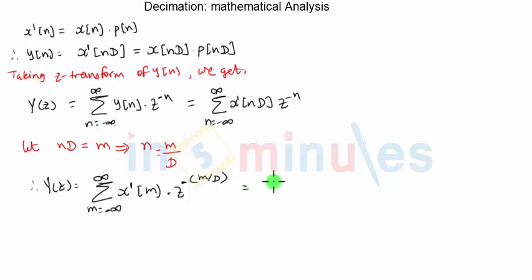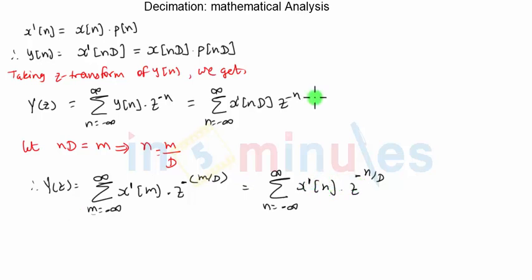This can further be written as a summation. Now let us again replace this m with n. m, please remember, is a dummy variable, so I can have any summation variable that I want. So instead of writing m in this new expression, I will simply replace every m with small n, so I get this particular form. So my Y(z) is now defined in the form of n.